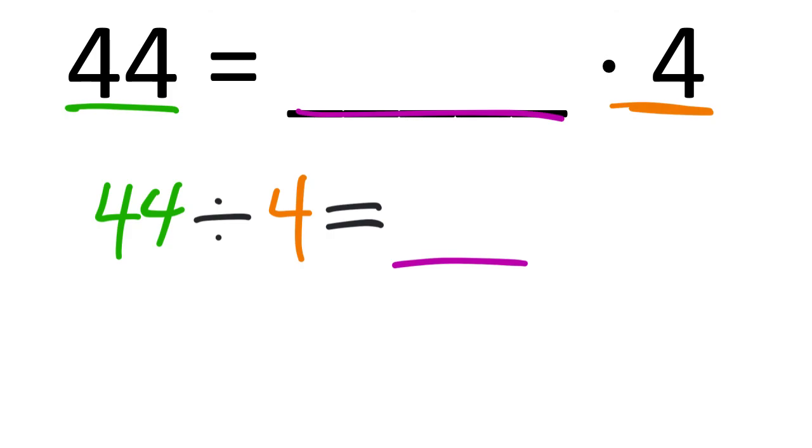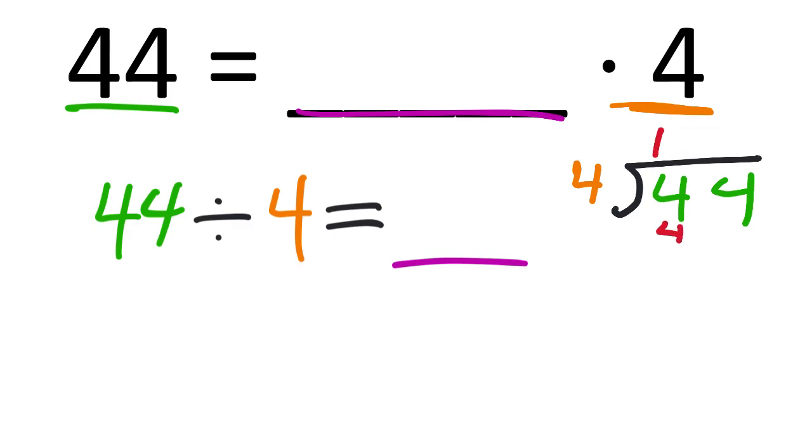And yeah, we can set this up with long division. I know not everyone needs the long division on this one. In fact, 44 is one of the first 12 multiples of 4. So if you knew that right away, that's fine. But I'm going to show it with long division, okay? The orange 4 will go into the green 4 once. So 1 times 4 is 4. So we used up all 4 of those 10s.